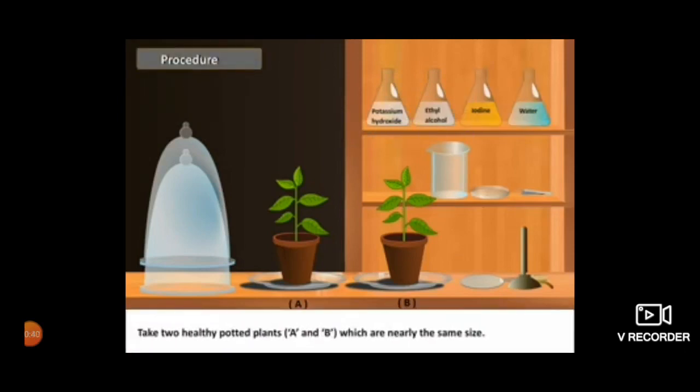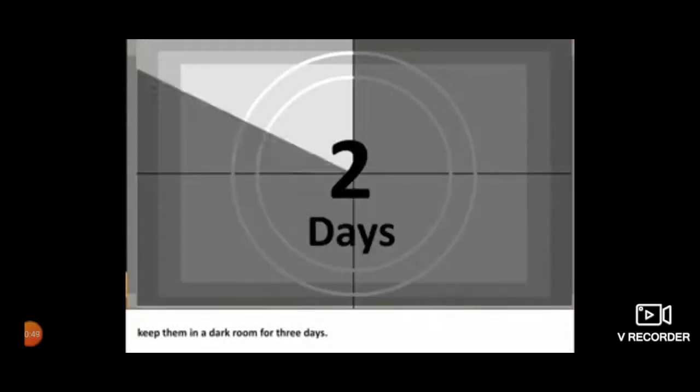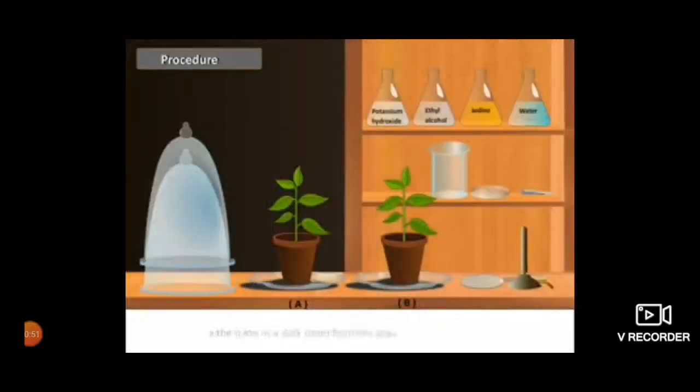Procedure: take two healthy potted plants which are nearly the same size. Keep them in a dark room for 3 days. Now place each plant on a separate glass plate.